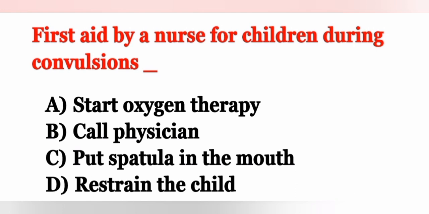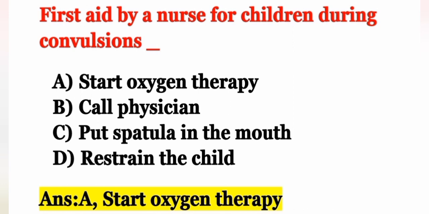And the second thing, maintain the patent airway. We should not force open the mouth or keep anything into the mouth. Try to maintain the airway open. And the next thing, administer oxygen by mask and place the patient or keep the child on one side.